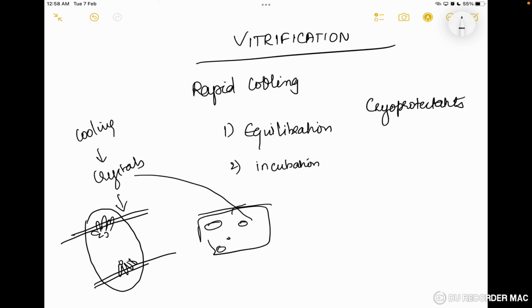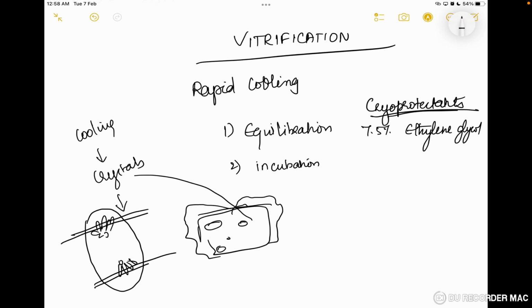When crystals form in the cell, the cell can get distorted or lose its shape and function. So we are using cryoprotectants, that is 7.5% ethylene glycol and 7.5% dimethyl sulfoxide. This process is called the equilibration phase.